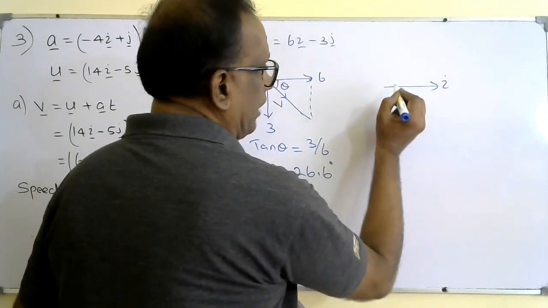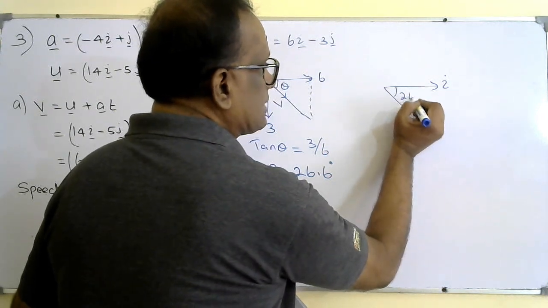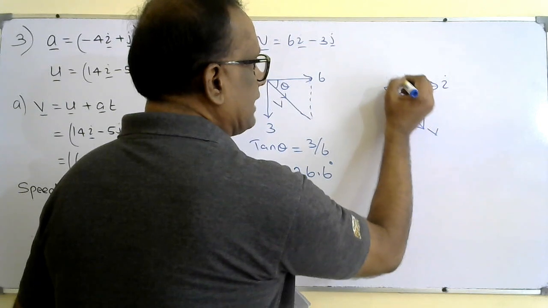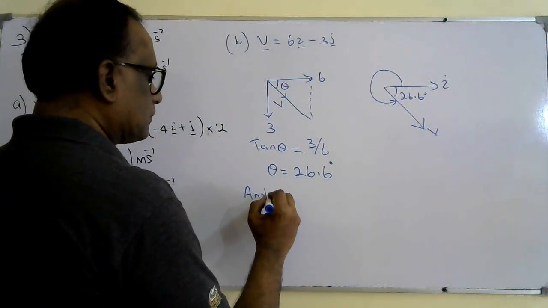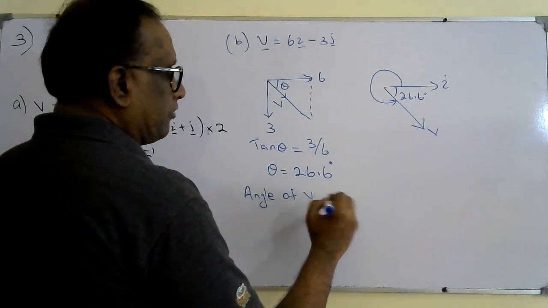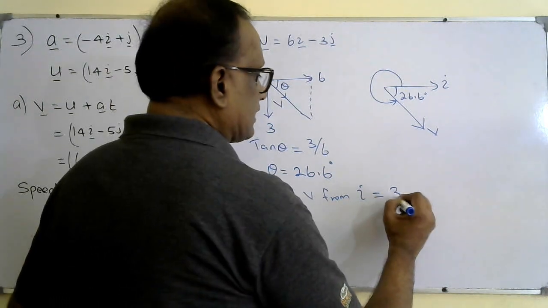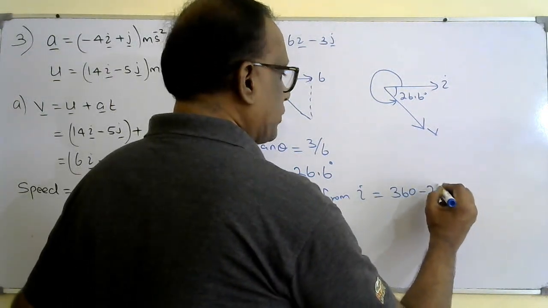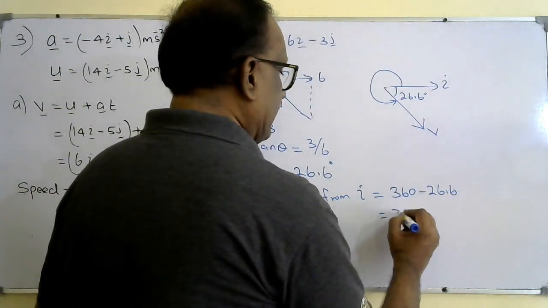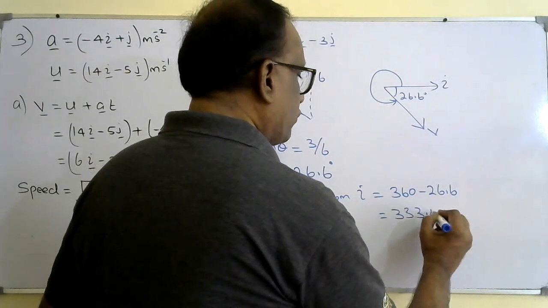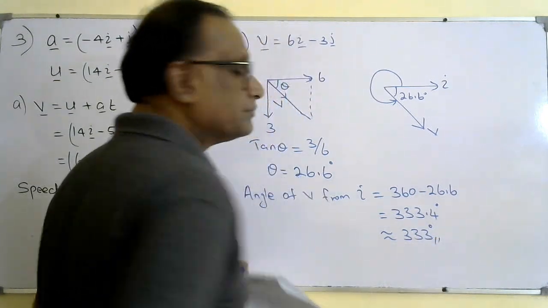So this is the direction of i, this is the direction of velocity. This angle is 26.6 degrees, so if you measure this way, the angle of v from the direction of i is 360 minus 26.6, so you will get 333.4 degrees. If you give it to 3 SF, 333 degrees.